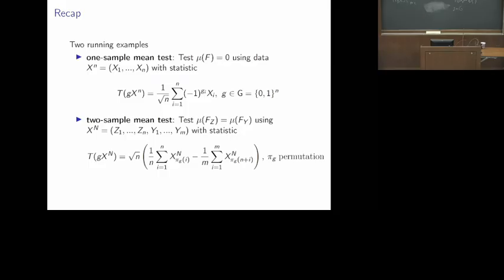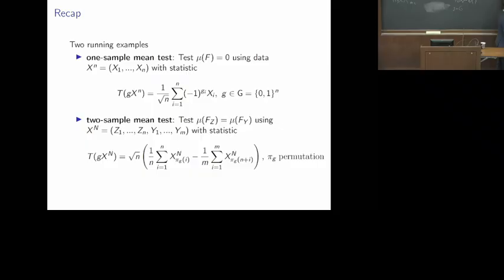A good null distribution would enforce this null, so flipping the signs at random seems like it's going to build a good null. And if I want validity, I want the linear actions acting on this to be a group, and the sign flips form a group.